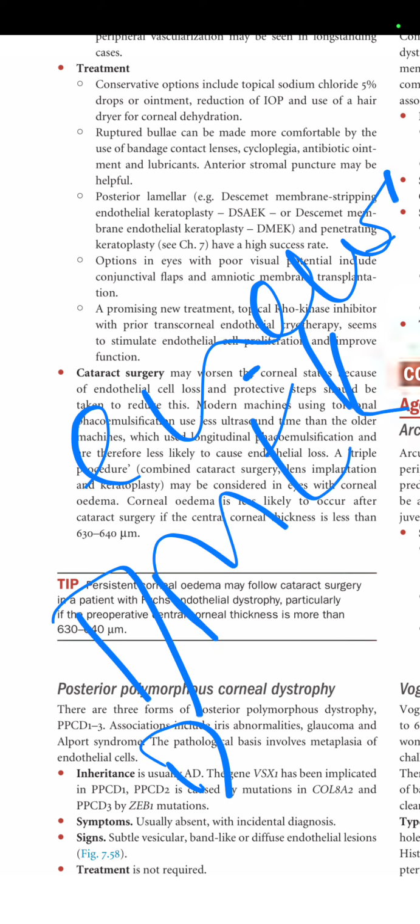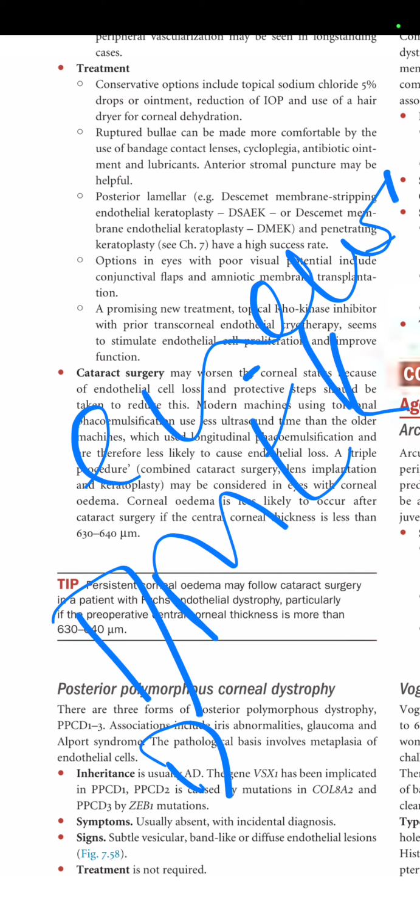Options in eyes with poor visual potential include conjunctival flap with amniotic membrane transplantation. A new promising treatment, topical rho kinase inhibitor with prior transcorneal endothelial cryotherapy, seems to stimulate endothelial cell proliferation and improve function. So one is that rho kinase inhibitor is a new treatment modality.